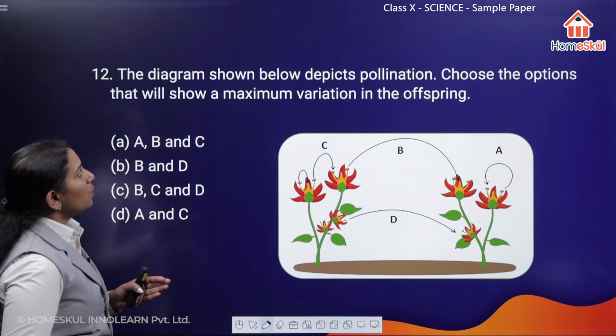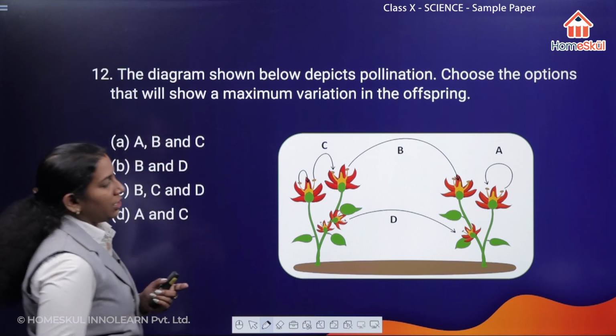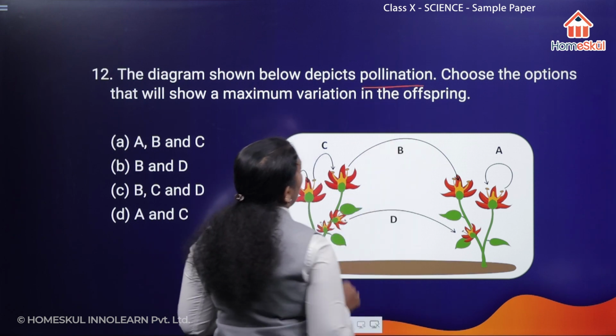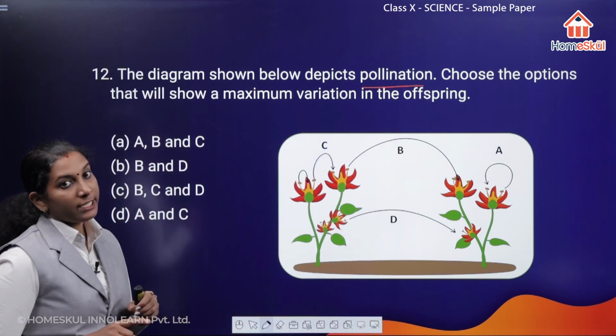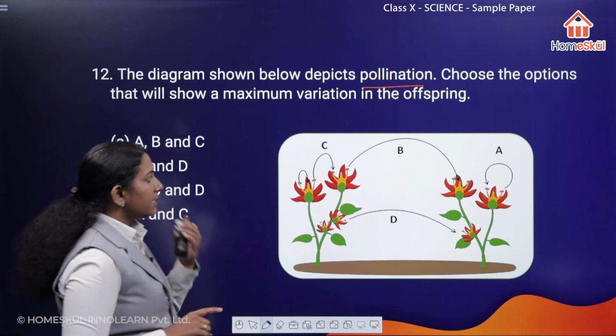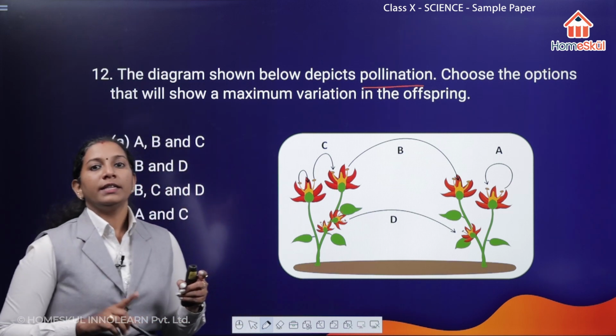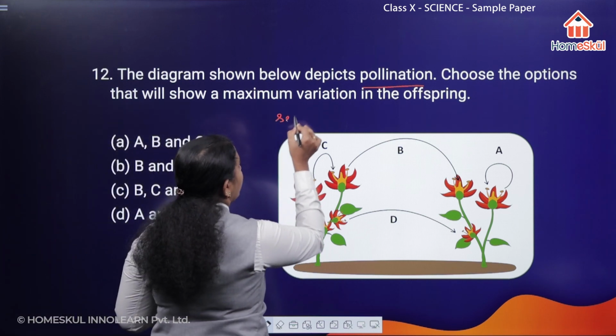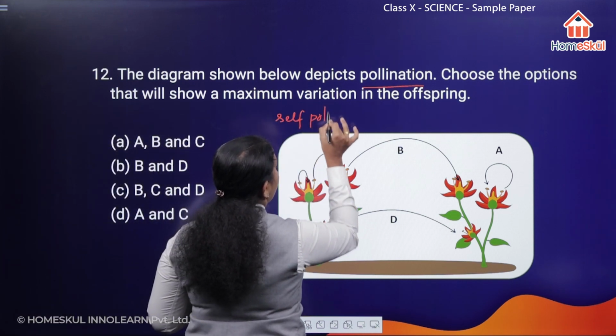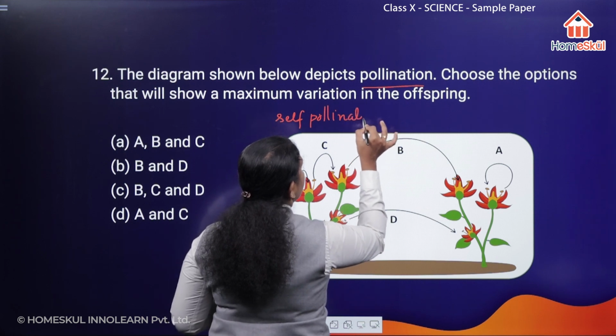The diagram shown below depicts pollination. Choose the option that will show a maximum variation in the offspring. So you can see that there are mainly two types of pollination. They are self-pollination and what will be the other one?